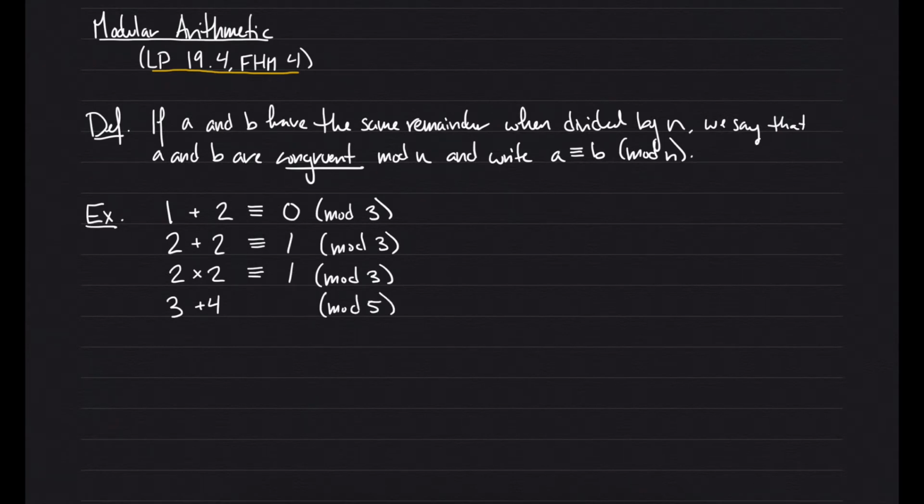If we add 3 and 4 mod 5, we get 7, but we like to write 2. 3 times 3, we get 9, so we'll write 4 mod 5. And because 3 times 3 is equivalent to 4 mod 5, we can even talk about division here and say 3 divided by 4 is equivalent to 3 mod 5.